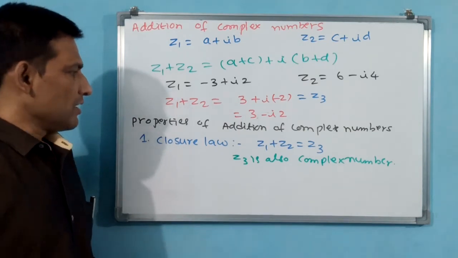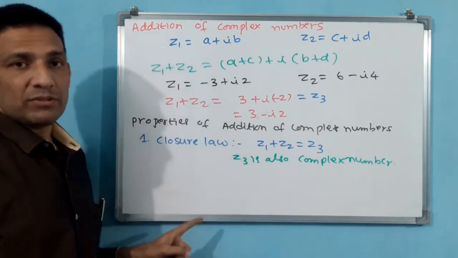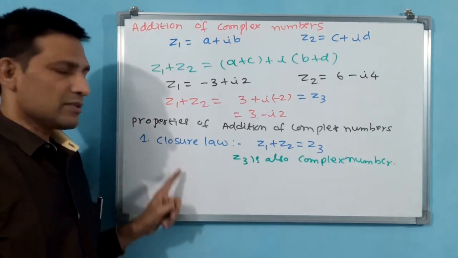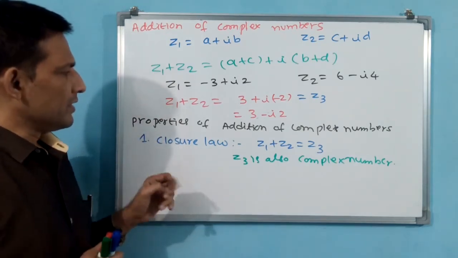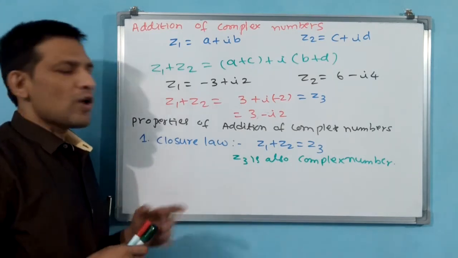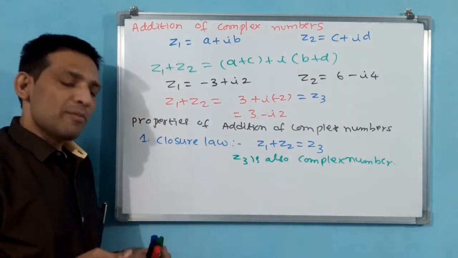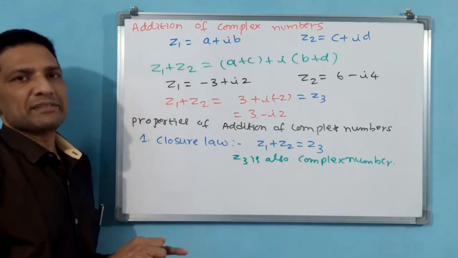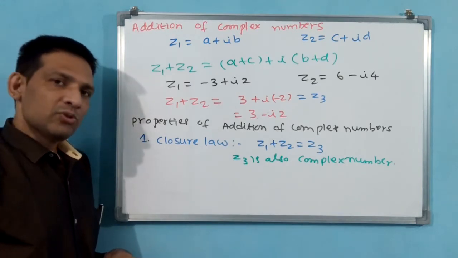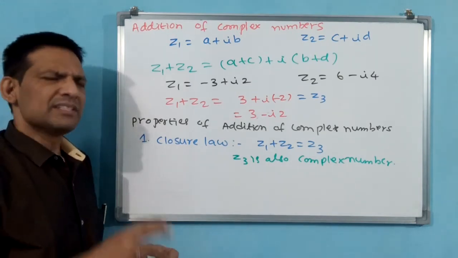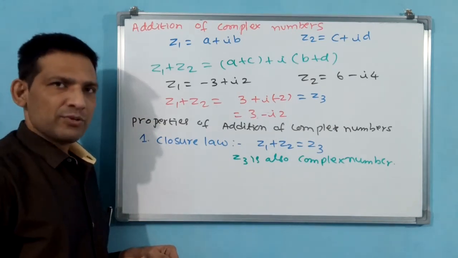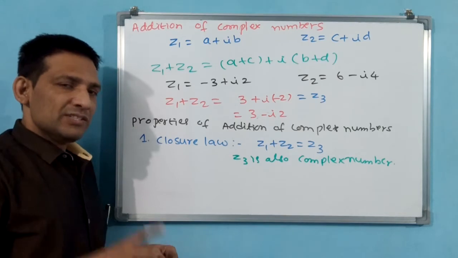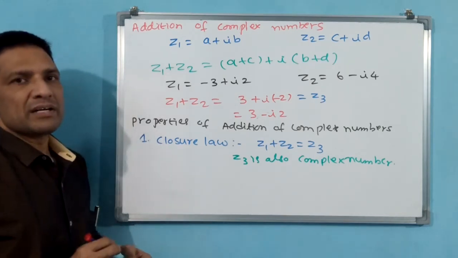Okay, see, whatever I am writing is applicable to addition only. These laws come under properties. That means if you add two complex numbers, the resultant number is also a complex number. If you add Z1 plus Z2 equal to Z3, Z3 must be a complex number.